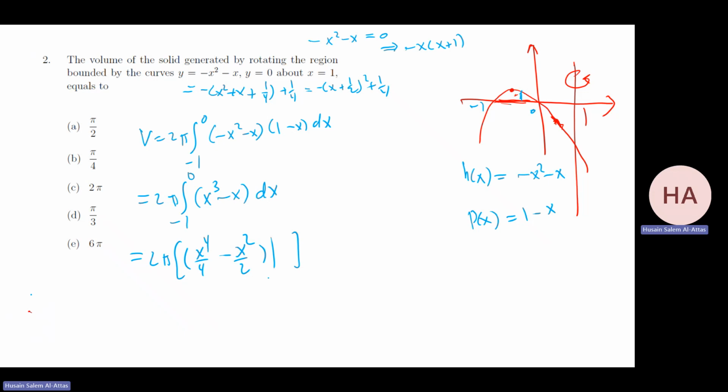So I have 2 pi times 0 minus 1 over 4 plus half. Yeah, be careful. That will be 2 pi times minus 1 over 4 plus half. This is minus 1. It will be 1 over 4. Why am I rushing it? Minus 1, that will be 1 over 4 minus half. That will be minus 1 over 4, times minus, that will be 1 over 4. Yeah, so pi over 2. Yeah, it's a matter of calculation.